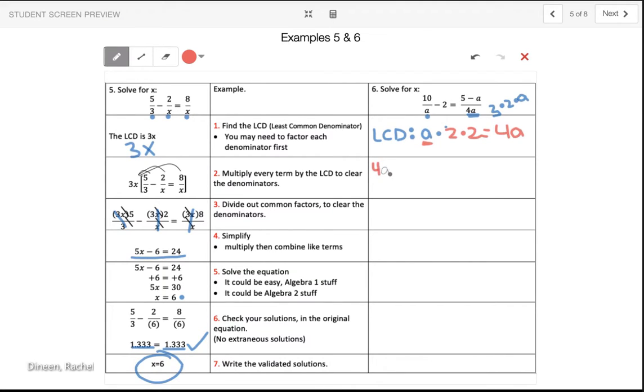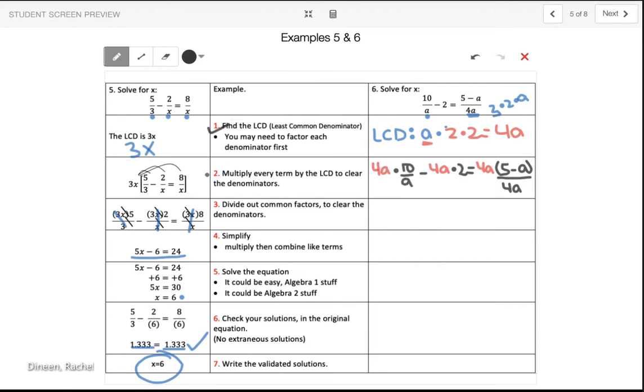So 4a times 10 over a minus 4a times 2 equals 4a times 5 minus a over 4a. So I multiplied every term by the LCD.